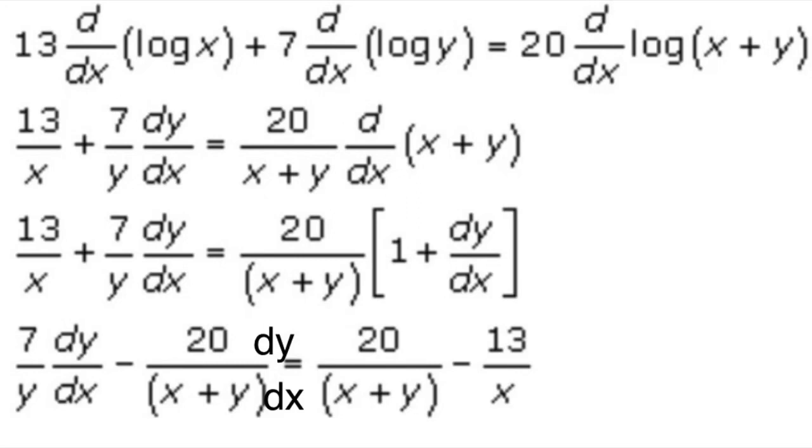After multiplication, we are going to put the dy upon dx terms on the left hand side and the remaining terms on the right hand side. So we'll get 7 upon y dy upon dx minus 20 upon x plus y into dy upon dx equals to 20 upon x plus y minus 13 upon x.